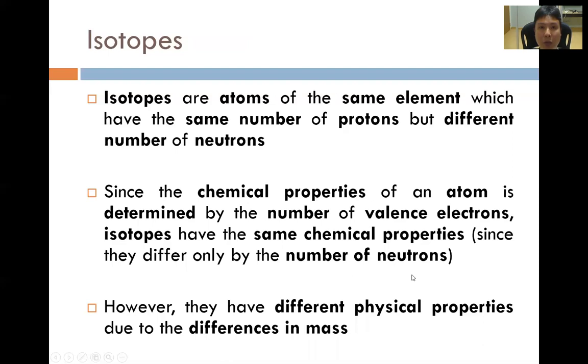However, the number of neutrons means that the masses of the different isotopes are different, and different masses will result in slightly different physical properties. So isotopes have the same chemical properties because they have the same number of valence electrons, but they have slightly different physical properties due to the difference in masses, due to the difference in the number of neutrons.